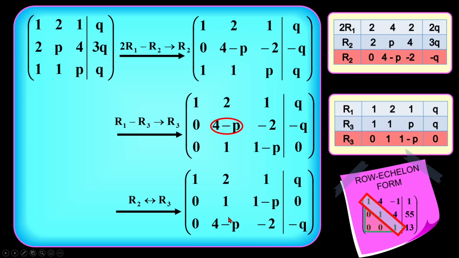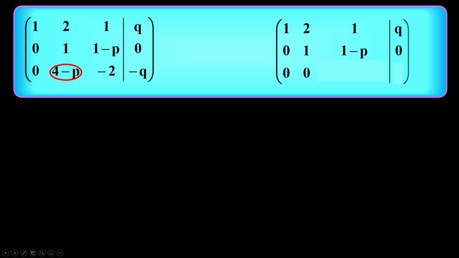Okay, now my next step will be here, where I need to create a 0 over here. To create this 0, I need a formula. So I will fix that 0 first. I have only 2 empty places to fill in now.